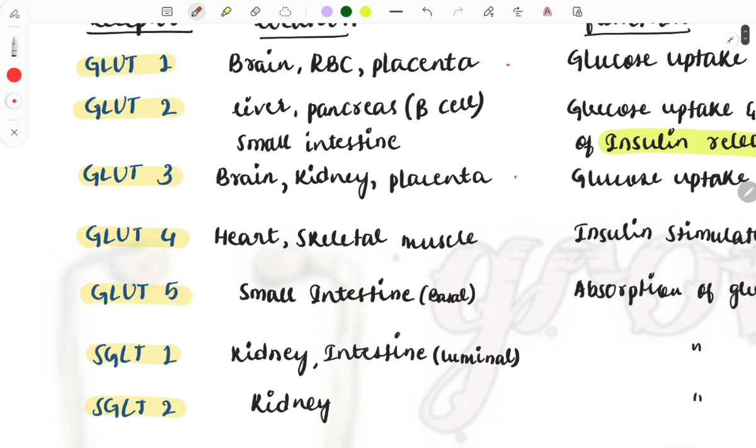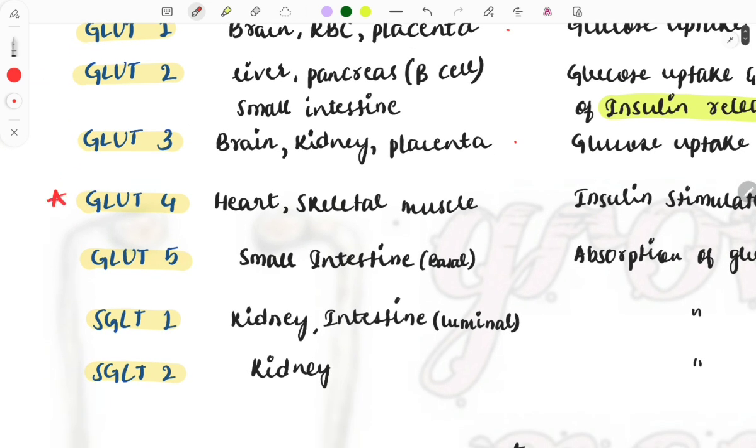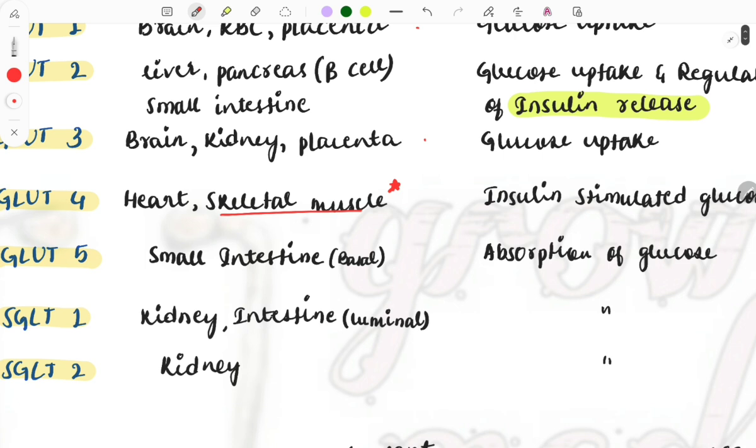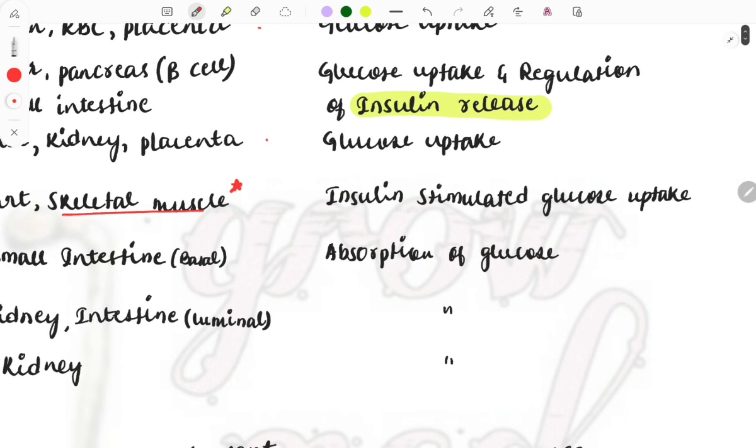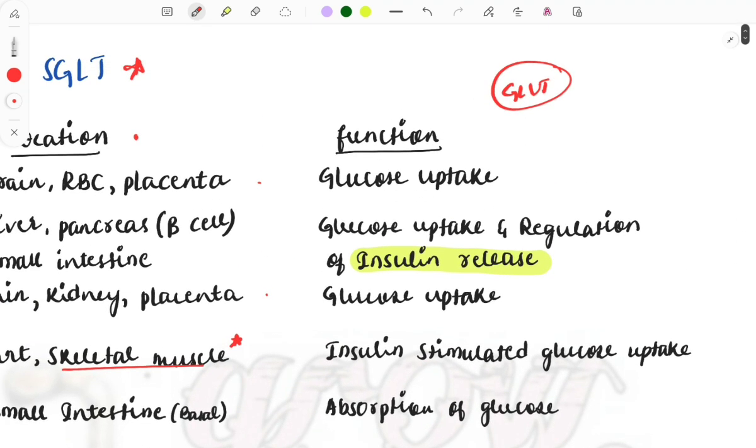Then moving on to GLUT4. GLUT4 is very important and asked repeatedly, multiple times. Questions are asked about GLUT4. The question asked is that GLUT4 is present on the skeletal muscles and causes insulin stimulated glucose uptake. In GLUT2, insulin was being released according to the levels of blood glucose, regulating the blood glucose.